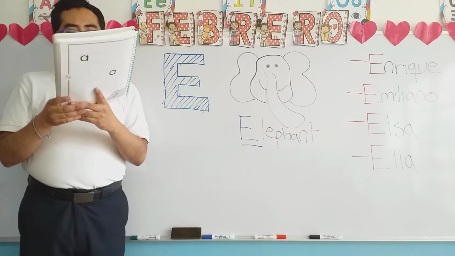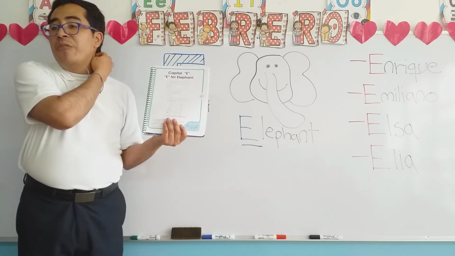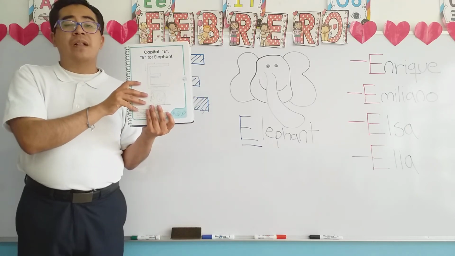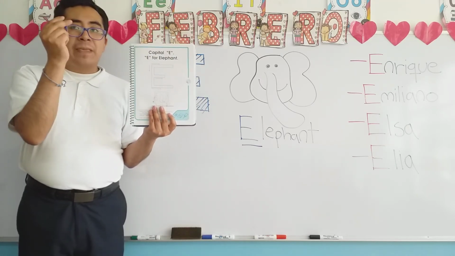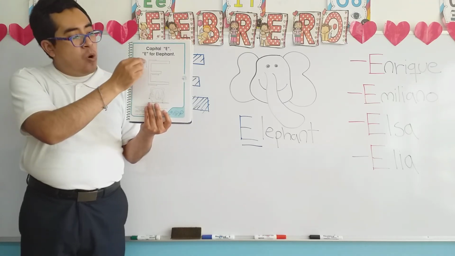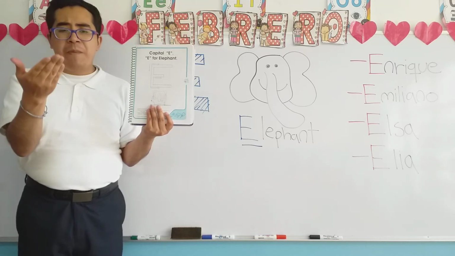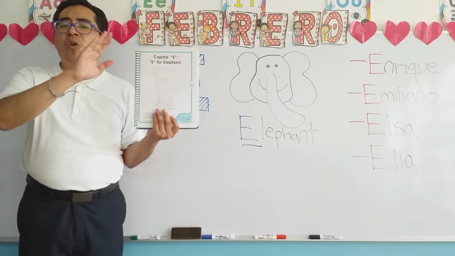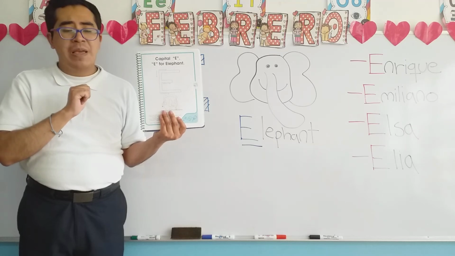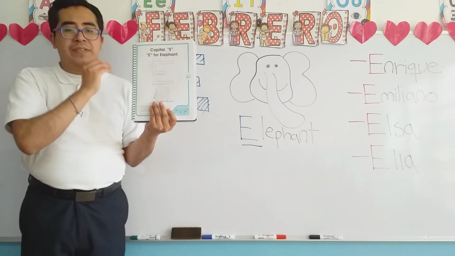Now, for today, my children, first and most important, with the help of mother, father, or an adult, you will use crepe paper and paste it all over the letter. Okay? So, for the crepe paper, you can use the color that you want, it is optional. But all of the letter must be covered with this.